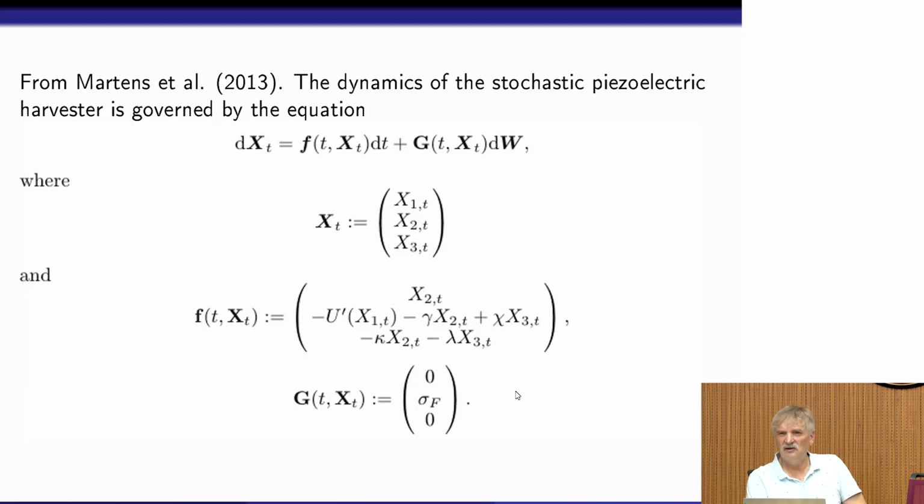And from this part you can see that this is called the Ito equation. This is written in such a form of the Ito equation, and from this equation you estimate the state vector, and the state vector is like in the previous linear equation. The first element is displacement, the second is velocity, the third is voltage.